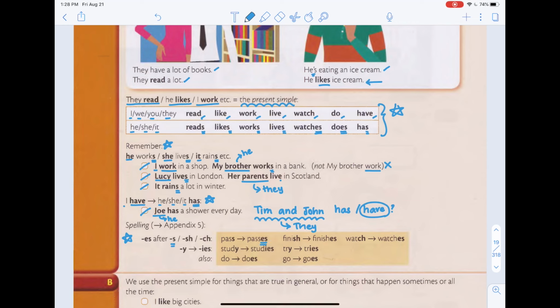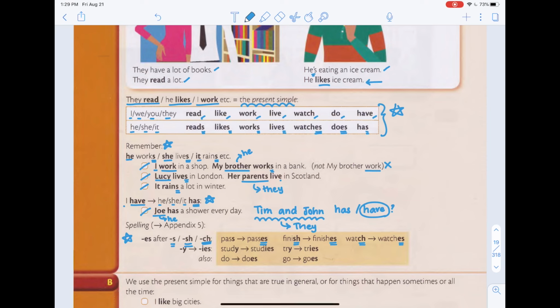Any word that ends with sh, like finish, you will change it to finishes. And any word that ends with ch, like watch, you would change it to watches, another es, like this.